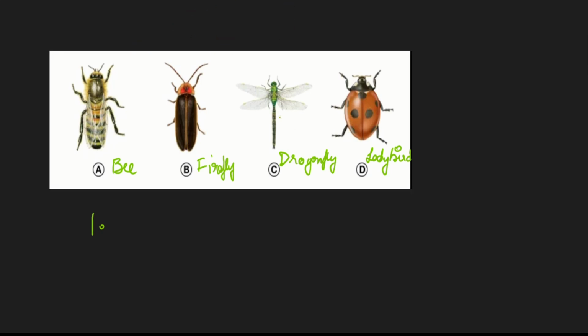Now you notice that all four of them have three pairs of legs, six legs, because they're all insects, and they have antennae, although it's not visible in the dragonfly.